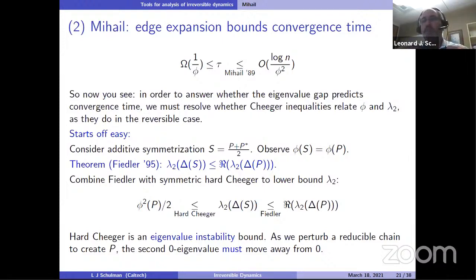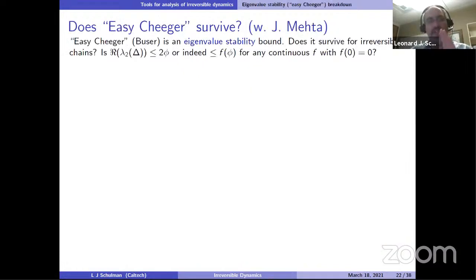So it's an eigenvalue instability bound. It says lambda 2 gets repelled away from the origin as soon as we make the chain irreducible, as soon as we connect up the whole graph. So eigenvalue instability works great, and it's even easy to show.